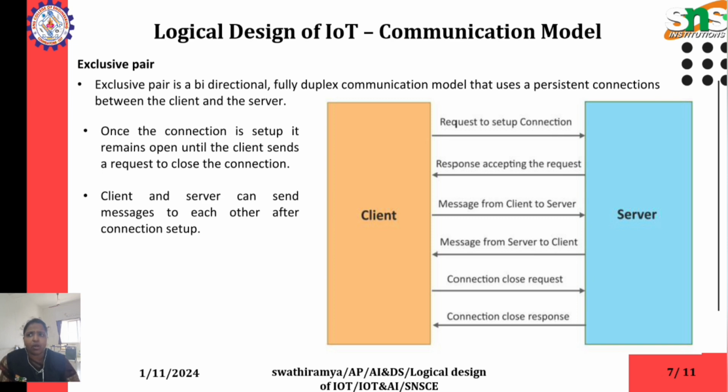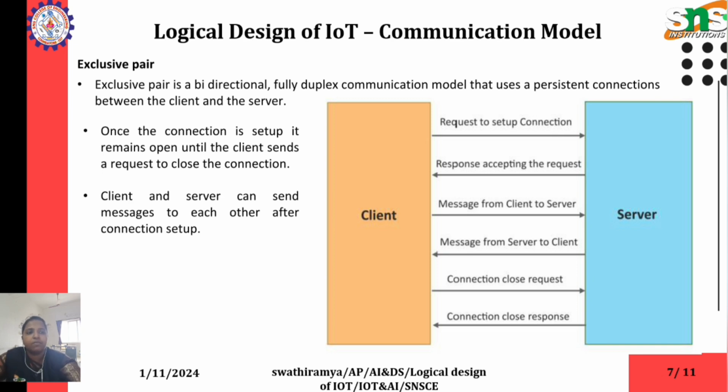It's like talking on a phone. Once the connection is set up, it remains open until the client sends a request to close the connection. So the client and server can send messages to each other as long as the connection is open. Once the communication is done, the client will send a request to close the connection and it will shut down the connection.